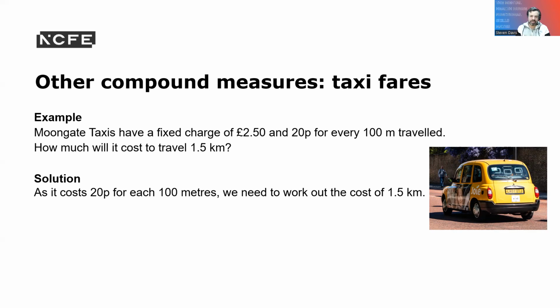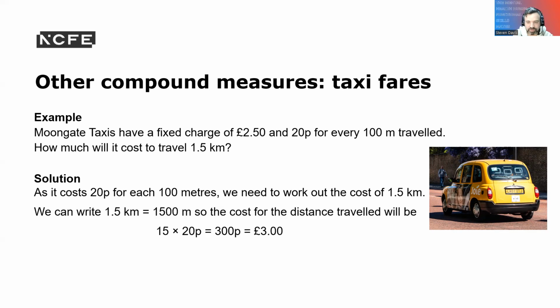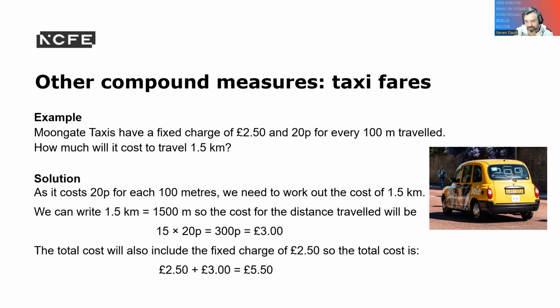As it costs 20p for each 100 meters, we need to work out the cost of 1.5 kilometers. We can write 1.5 kilometers as 1,500 meters. So the cost of the distance travelled will be 15 times 20p equals 300p. So that's an additional £3. The total cost is the fixed charge of £2.50 plus £3. That's £5.50.